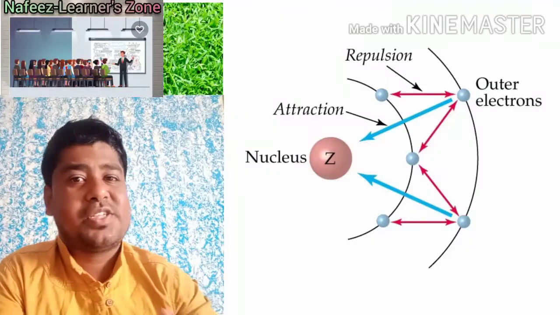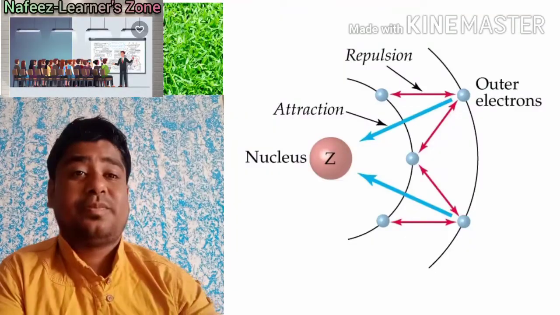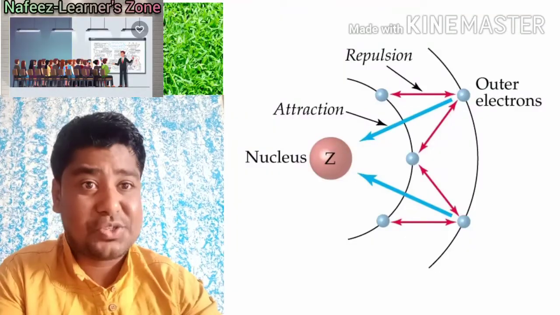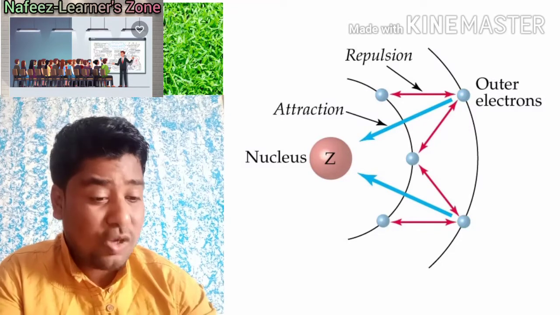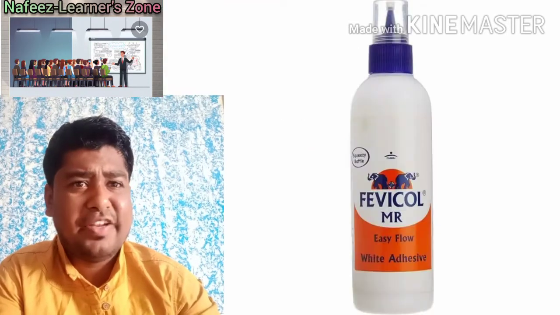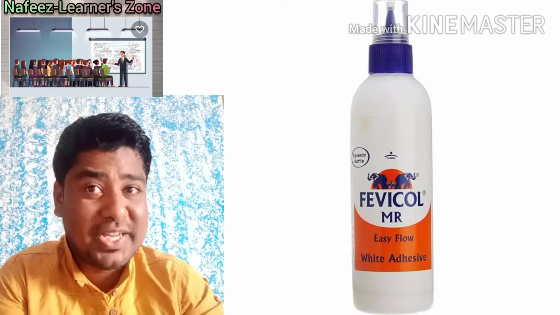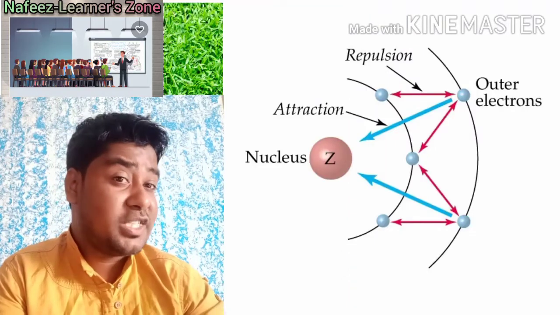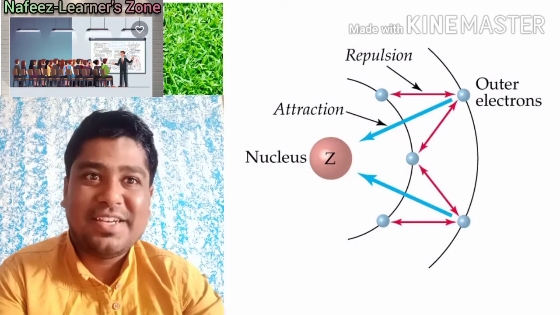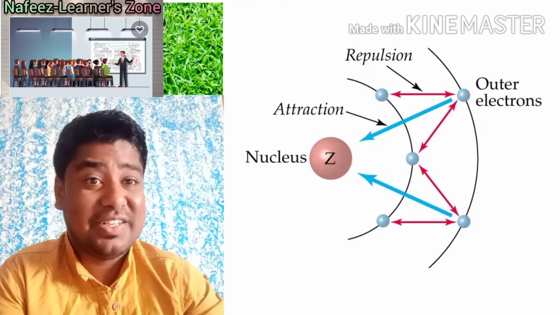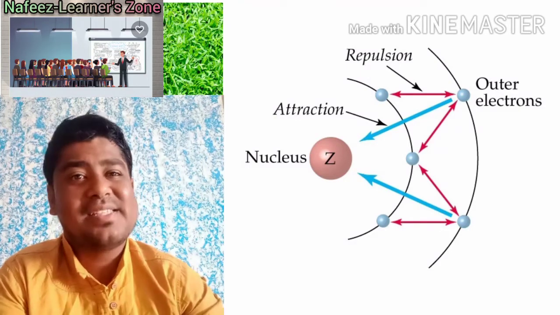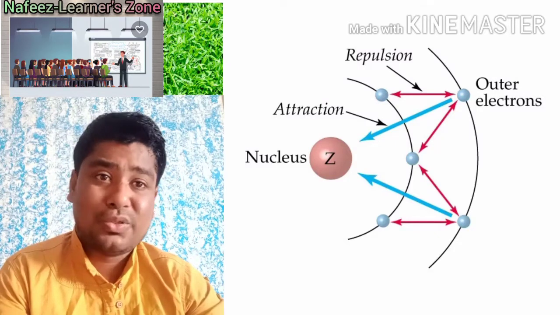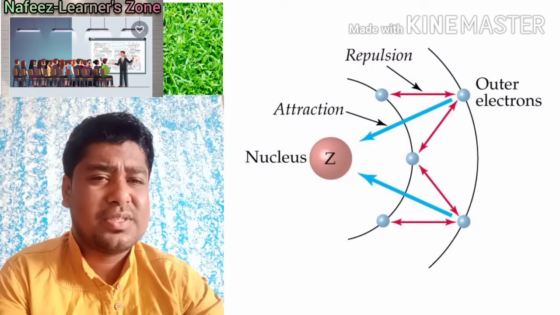So the force between the nucleus and the electrons holds it. There is no Fevicol being used to hold that. What is being used is the nuclear charge. So with 6 protons and 10 electrons, it's very difficult. The nuclear charge gets imbalanced and it's difficult to hold. So it cannot gain 4 electrons.